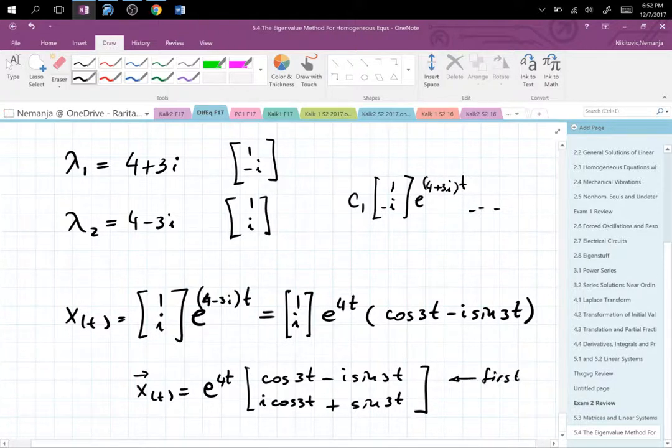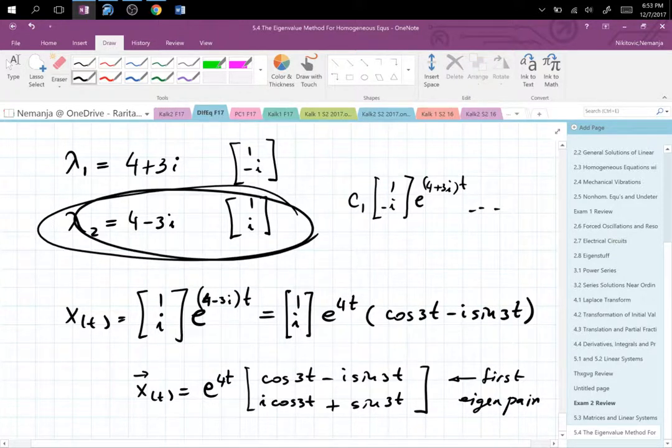Question. Yes? The vector 1, is that the negative i you went with, or are you doing the first one? All of these are i's. This is negative i here, I don't know which one you're referring to. The one next to it, by the e to the 4t? This one? It's positive i.